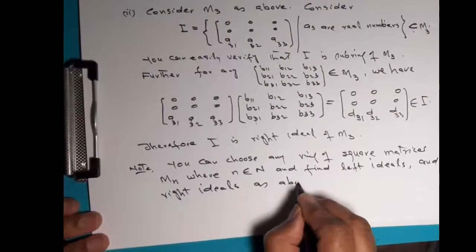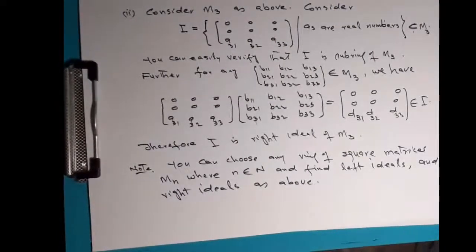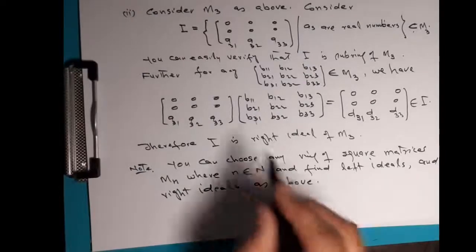You can take the ring of square matrices of order 4 by 4, of order 5 by 5, of order 6 by 6, whatever. So you can find a lot of examples of left ideals and right ideals.